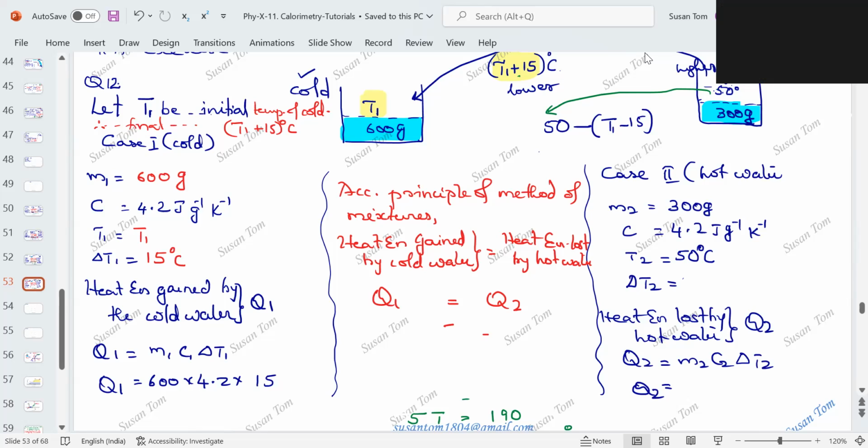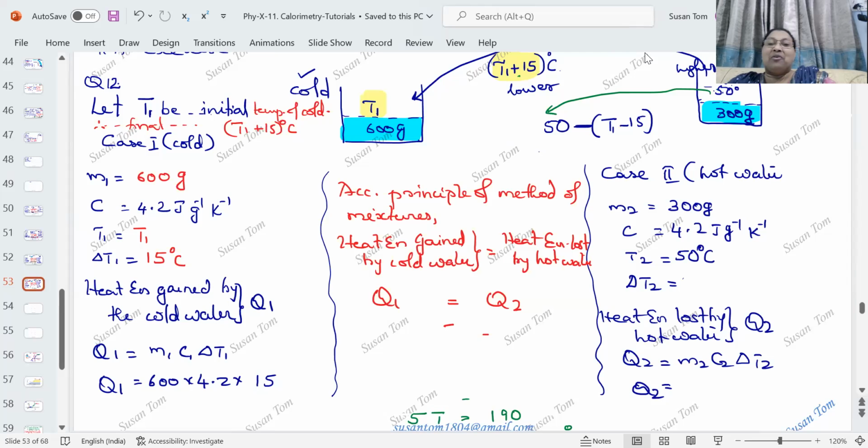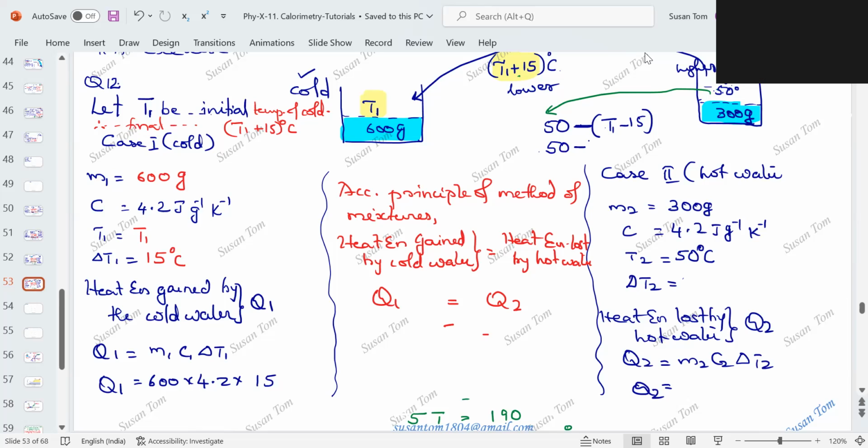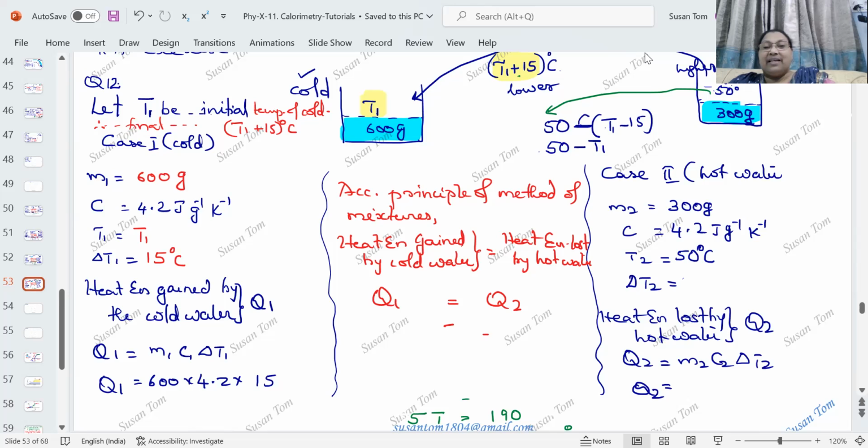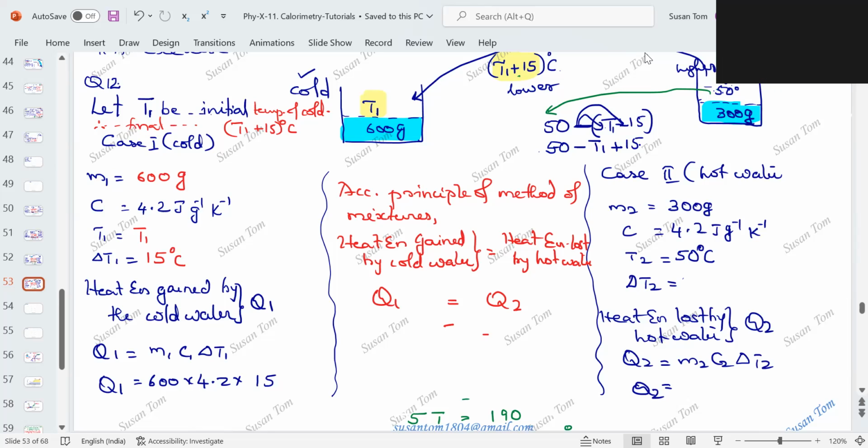Now by changing the bracket, this minus sign will go for both of them. So minus T1, and minus and minus will become plus 15.